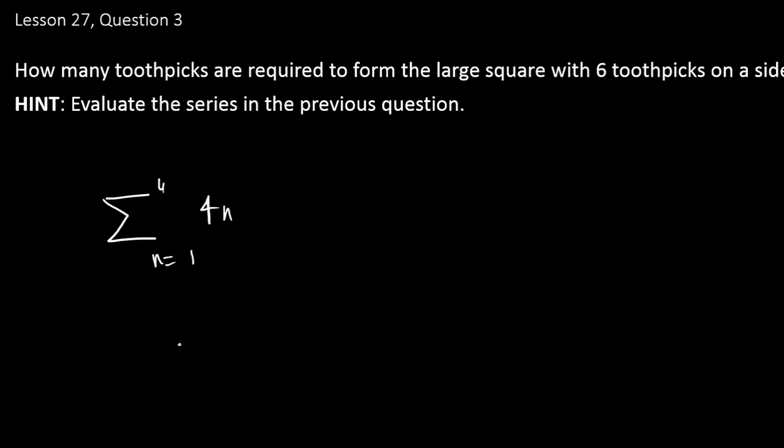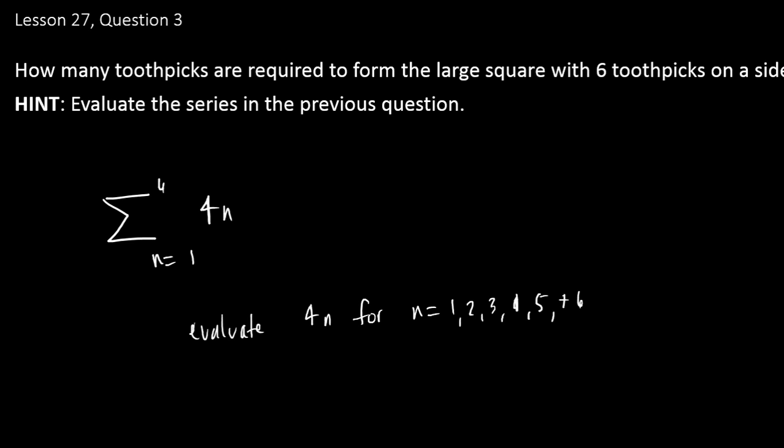It's just another way of saying evaluate 4n for n equals 1, 2, 3, 4, 5, and 6, right? And then you just add all of your answers together. So again, I know I already worked out the bulk of this in the last problem, but please just go ahead and do it one more time.